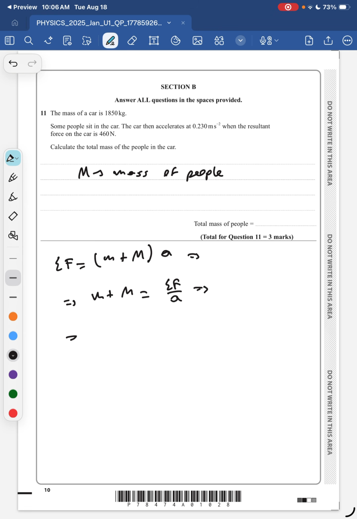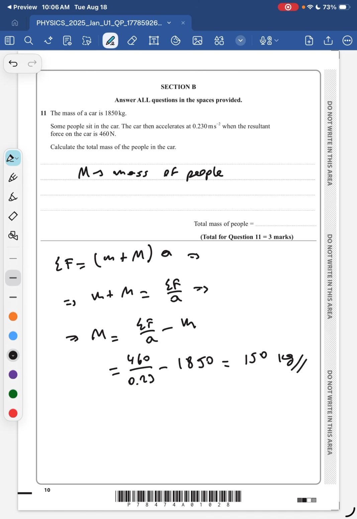So the mass of the people is going to be sigma F over a minus the mass of the car, which is 460 over 0.23 minus 1850, which yields 150 kilograms. Okay, this was straightforward.